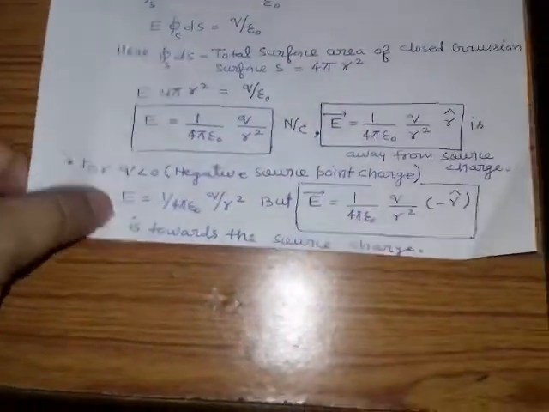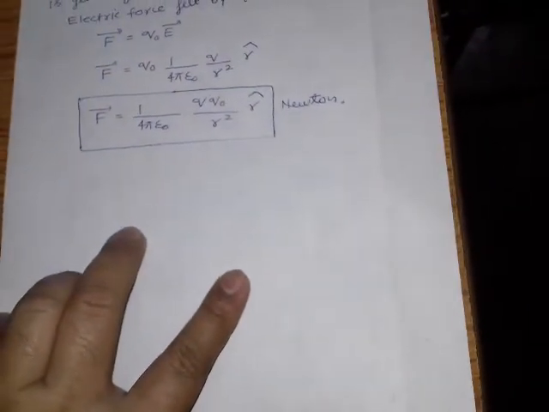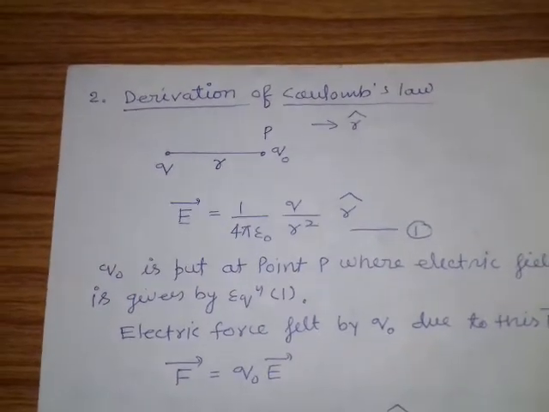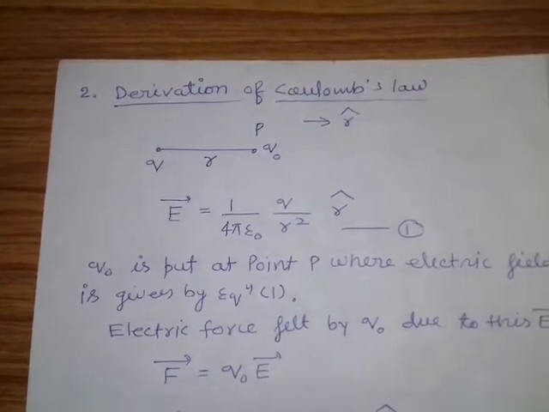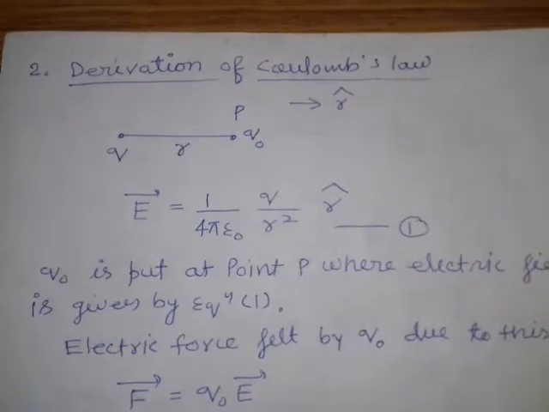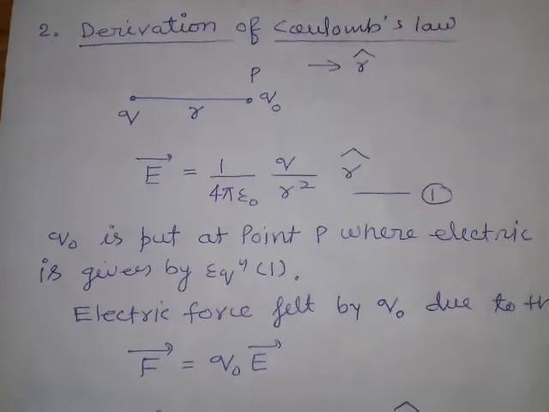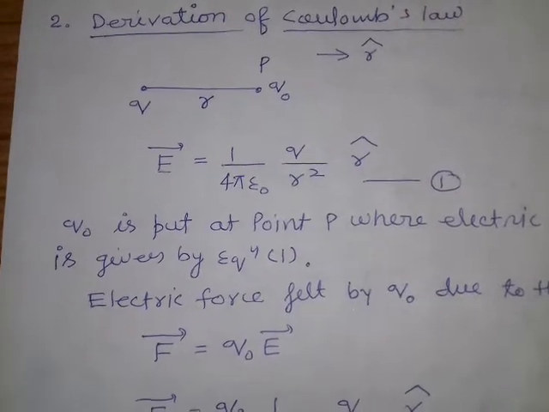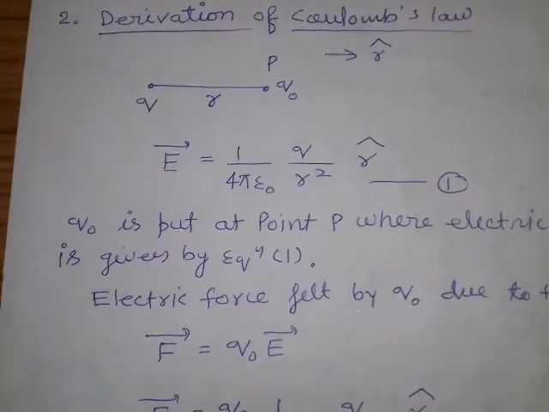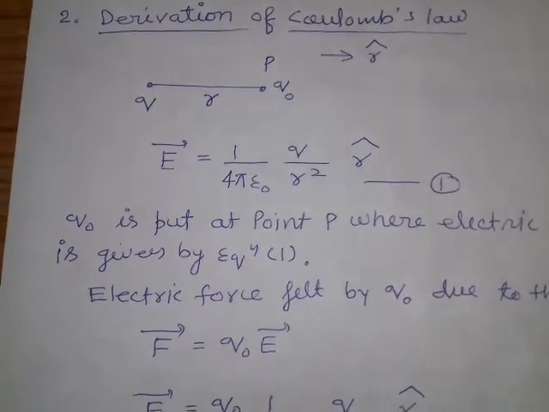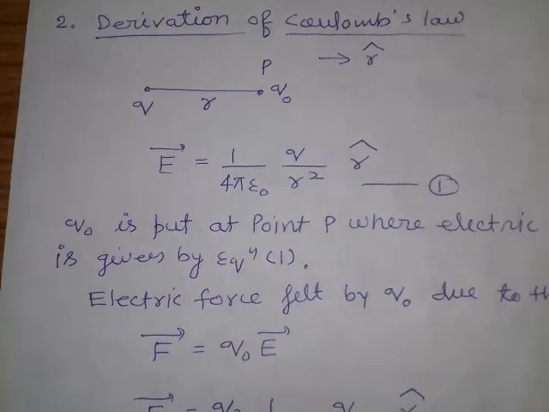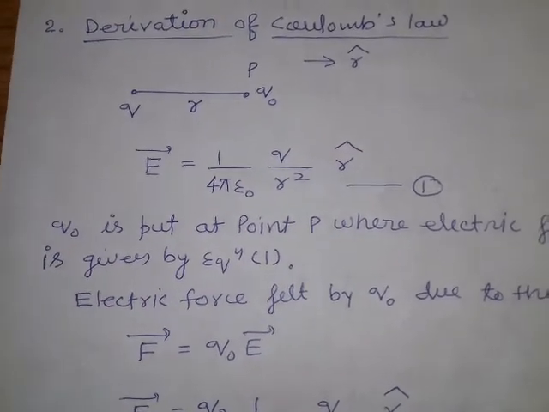Next application is to derive Coulomb's law. The second application is to derive Coulomb's law from Gauss law. For this purpose, again there is a positive source charge q, and at a separation r there is a point P. Here a charge q naught is put.